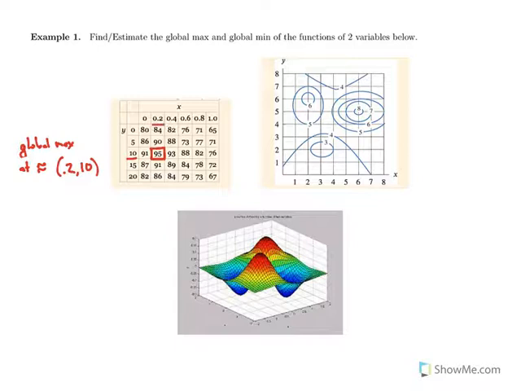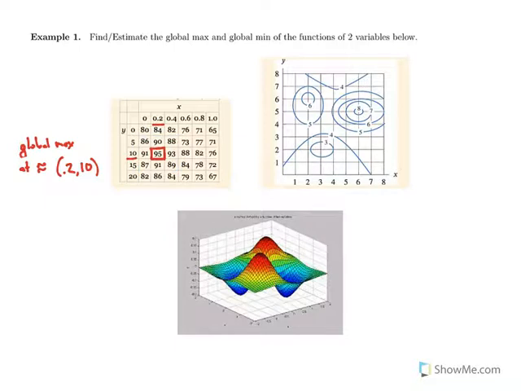That's from these values right here. That's not to say that there's not a bigger function value near that 95, but since everything around it is smaller than that 95, we can say that the biggest function value should occur near there.